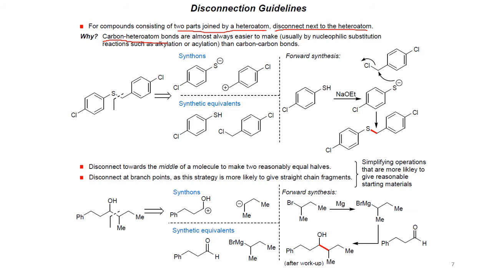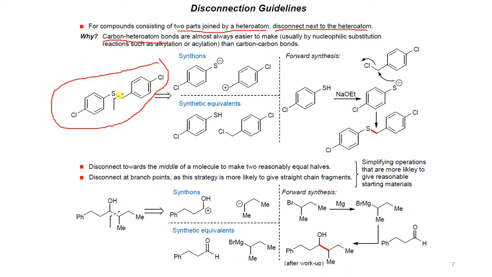Okay, let's take a look at this example. We have a heteroatom bond here. Which one is the heteroatom bond? This one, where S is connected to C. This is a polar bond, so it is easier to break.